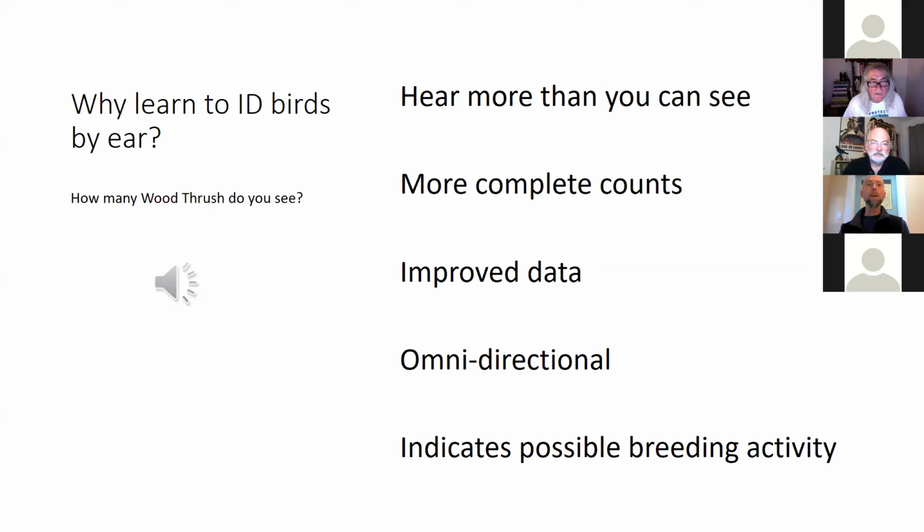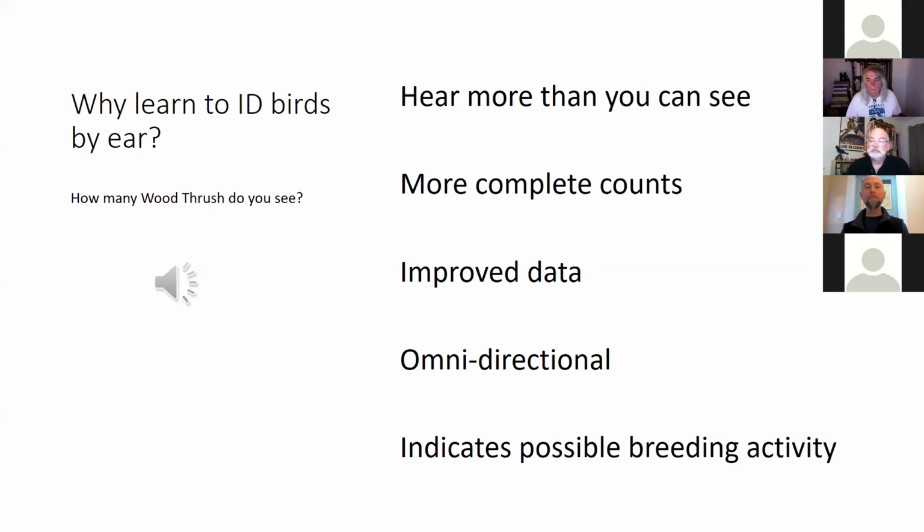It's also omnidirectional. And what I mean by that is, imagine yourself with your binoculars up, staring at something. You miss a lot. All kinds of things could be flying by or hopping over your feet, and you'd be blissfully unaware of it. But if you're tuned into the sounds around you, even if you've got your eyes closed, you're going to know that the birds are there.